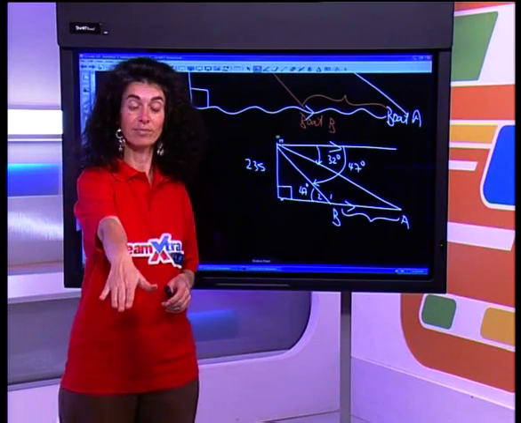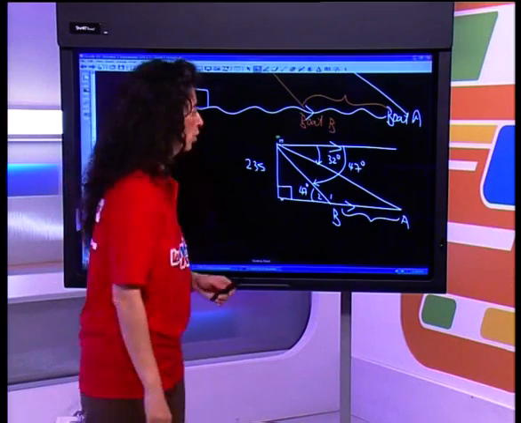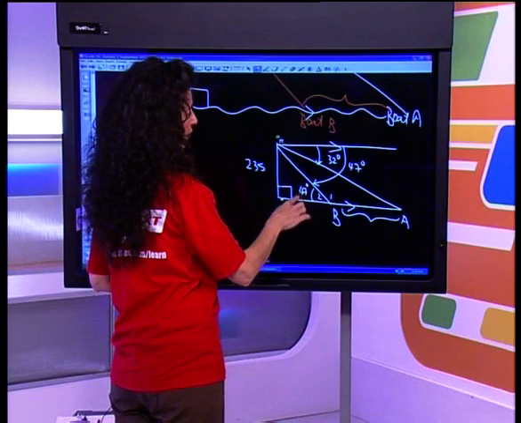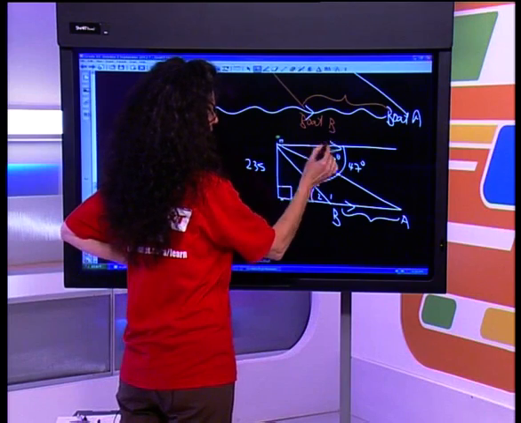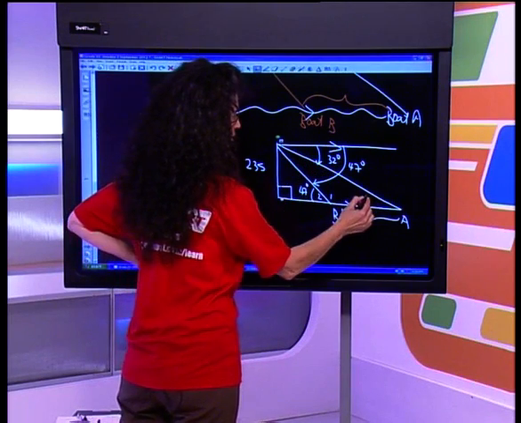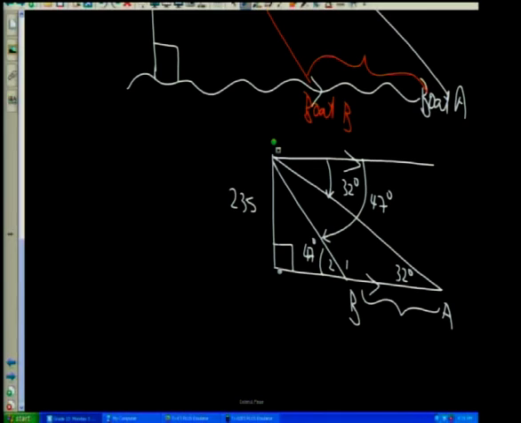So these lines are parallel, the alternate angles are equal, so that's 47. And this line is parallel to that one, so this angle of depression will equal the angle of elevation from A.